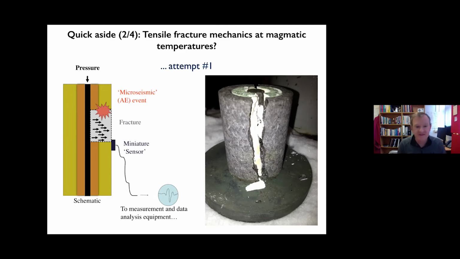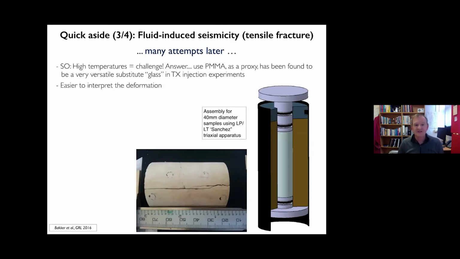The high temperatures are a problem, huge challenge. So eventually abandoning this and moving to a proxy material, PMMA, simple plexiglass, perspex, which was found to be a very versatile substitute. And this time, deforming the molten or semi-molten plexiglass, we only require around 200 degrees, whereas the last slide we require something like 800, 900 degrees, and this is far more controllable.